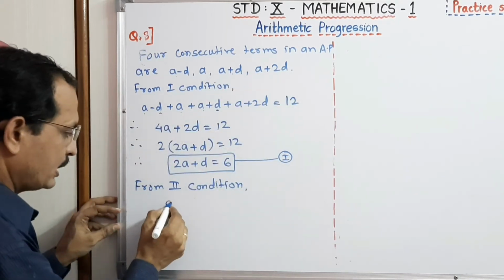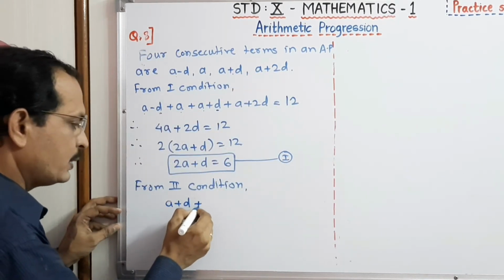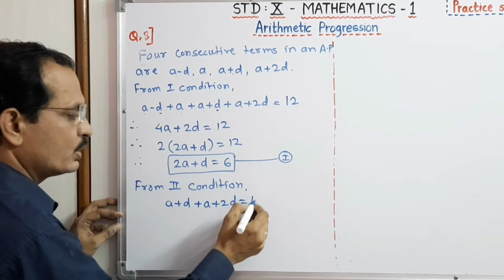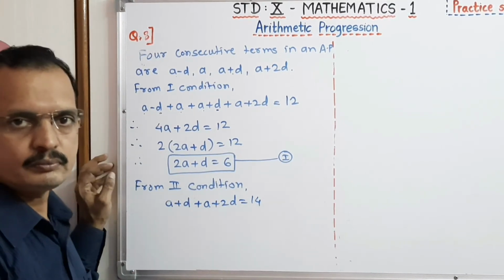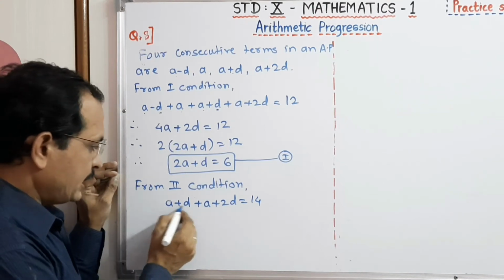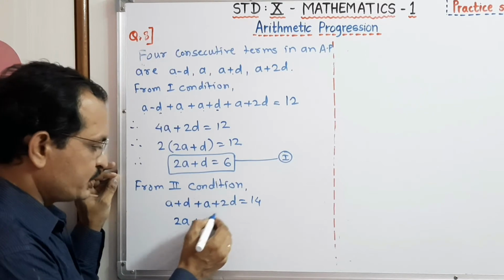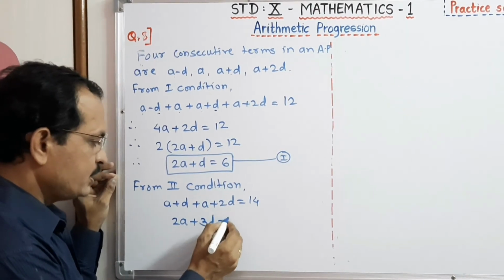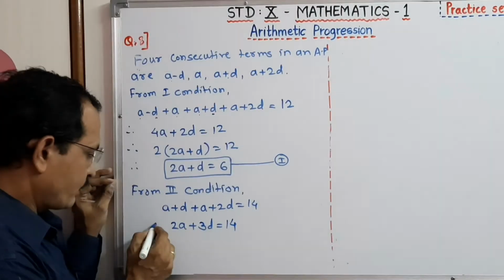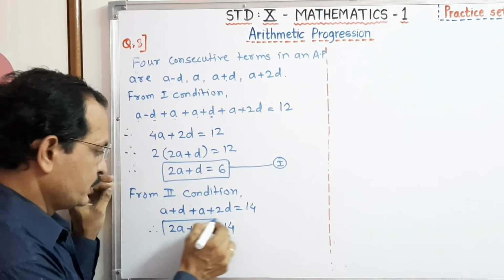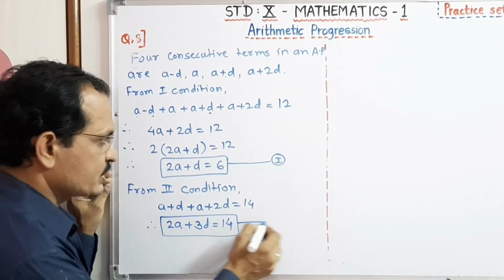Third term is a plus d plus fourth term a plus 2d is equal to 14. Now see here, this a, it is 2a plus this d and this 2d it is 3d is equal to 14. Therefore we got here 2a plus 3d is equal to 14. This is the second equation.